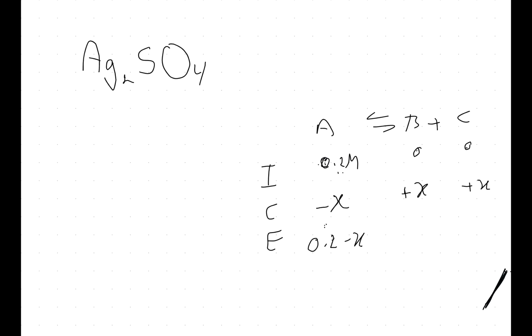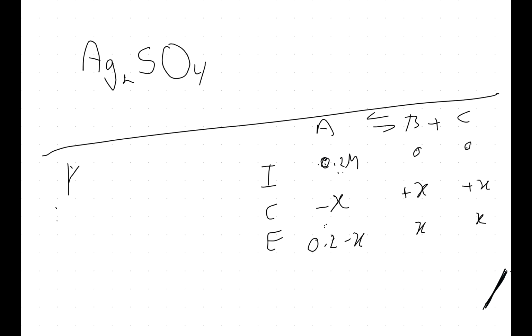So if you still remember when we were writing the K equilibrium, this is a good review. It will be A, B, and C over A, and we have to substitute it this way.